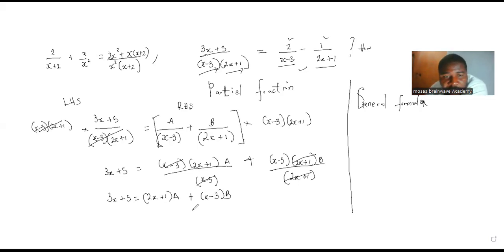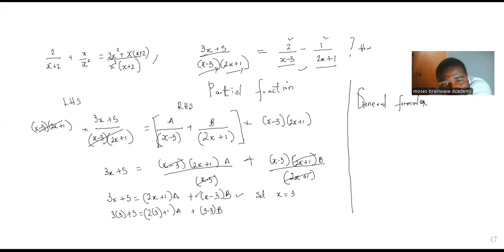Good. So there are many ways to solve this. If you look at this, it's linear. So one way is to set the coefficient of one of the variables to 0. So in this equation, if we set x to be equal to 3, then definitely we're going to get 3 into 3 plus 5 is equal to 2 into 3 plus 1, multiplied by a, plus 3 minus 3, then b.